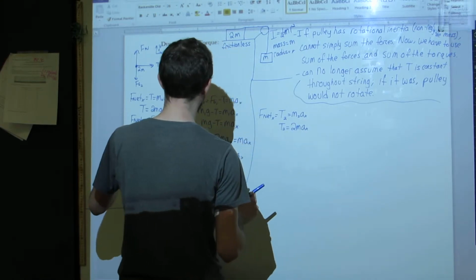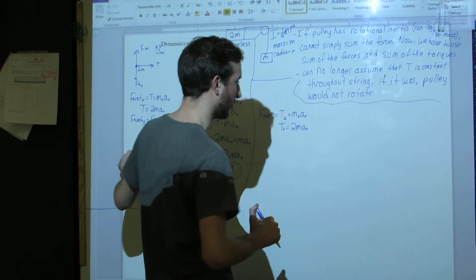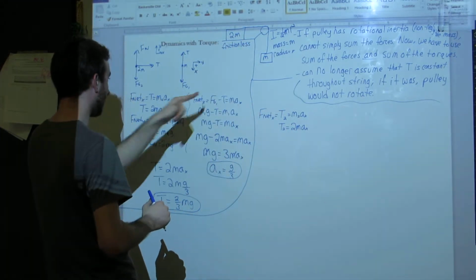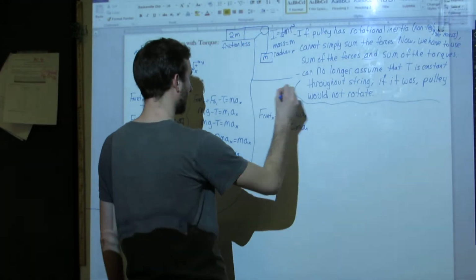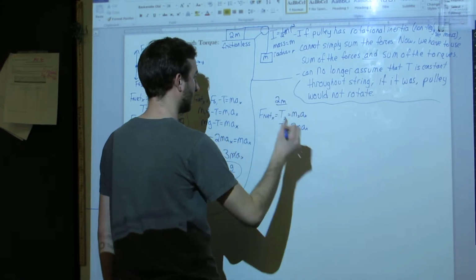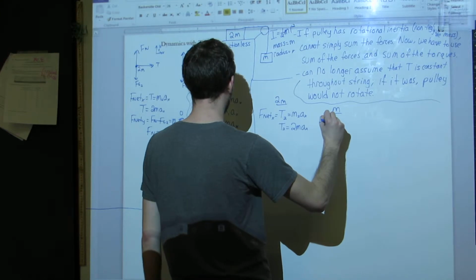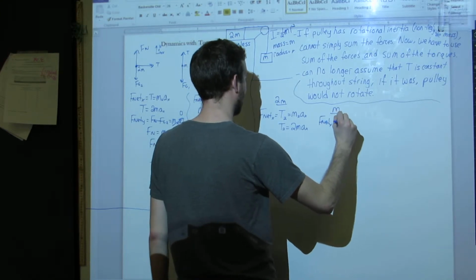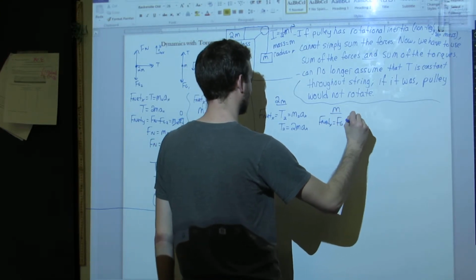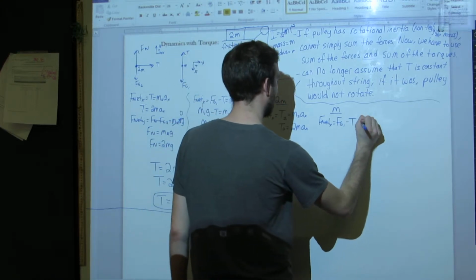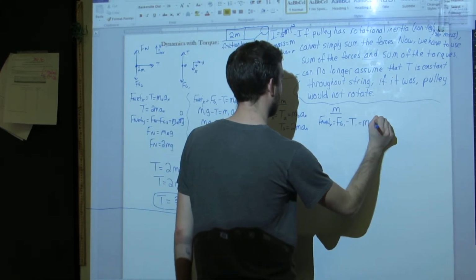I'm not even going to bother rewriting this one. This one doesn't change at all because of the tension. And over here, this is for 2M. And then for the mass of M, we have F net x equals F1G minus, I'm just going to call it T1, equals M1 AX.